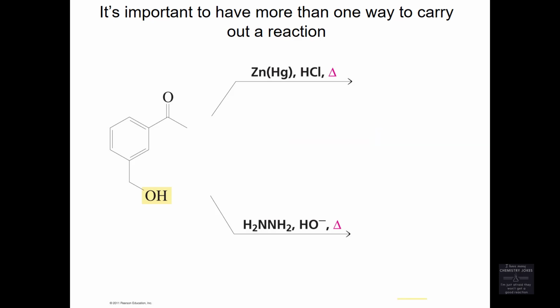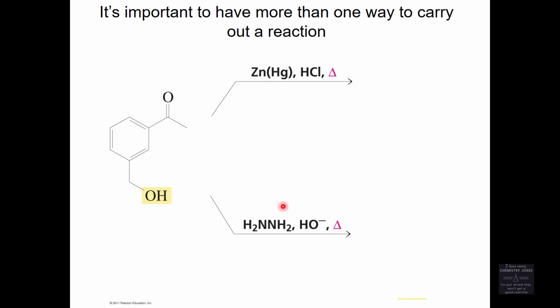Yeah, it's often good to have more than one way to do a reaction. The reason being, especially in examples like this, when you have a bifunctional molecule, you want to make sure that both functional groups react if you want them to, or you want to make sure that one functional group reacts while the other one doesn't if you want that instead.